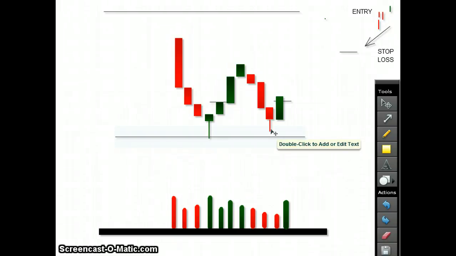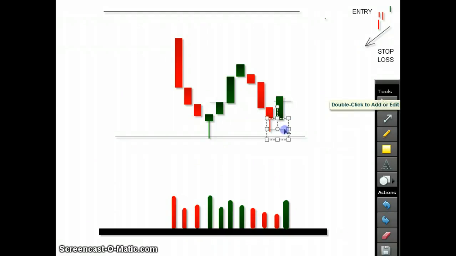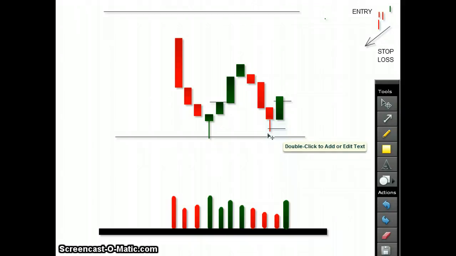That lets you know that there's a lot of buying in this area. In this area where I just put this line, there's probably a lot of buying there, and that's what you want to see, because it means that they're paying higher prices here. And then as you can see, the next candle is up on higher volume. Those are the type of scenarios you want to see.